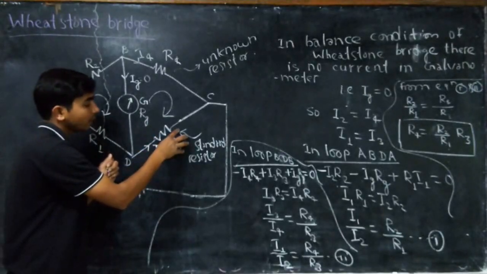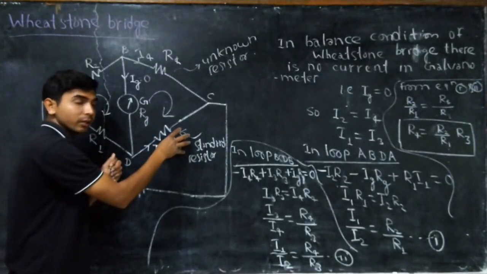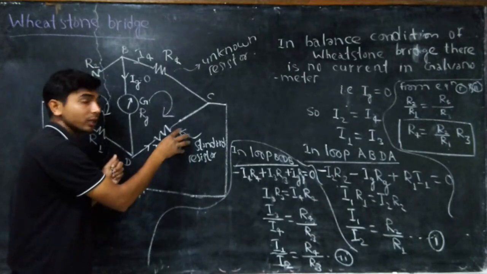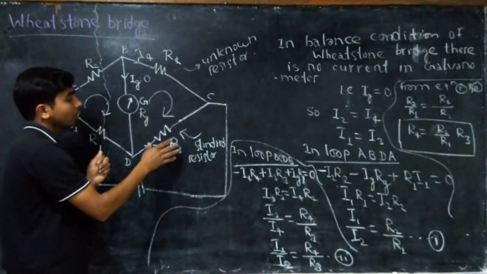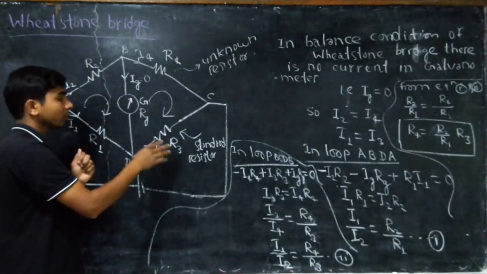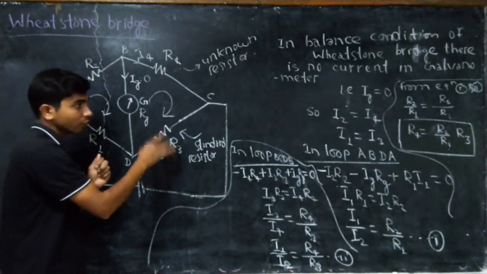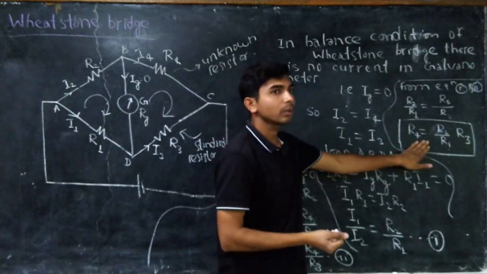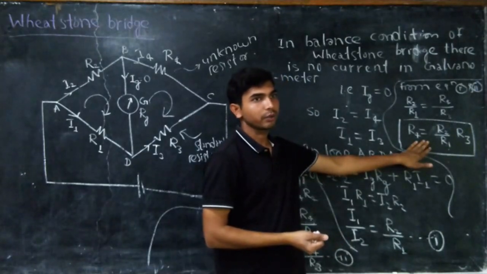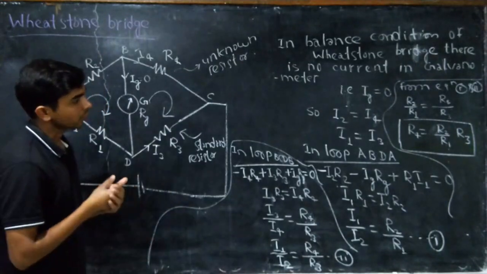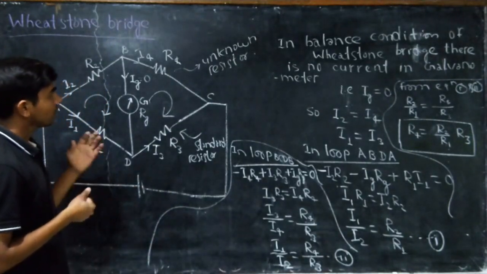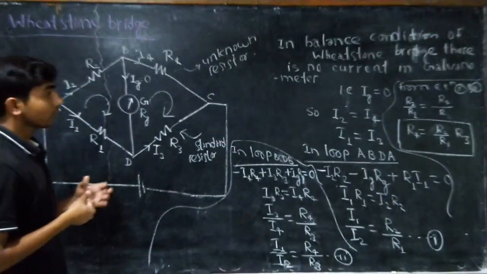So for a certain value of R3, this value of I3 becomes 0. Now these two are already known to you, this one is also known to you, right? So by using this equation, you are able to solve for the unknown resistor, right? Okay. So this is all about the balanced Wheatstone bridge, okay? So note it down.